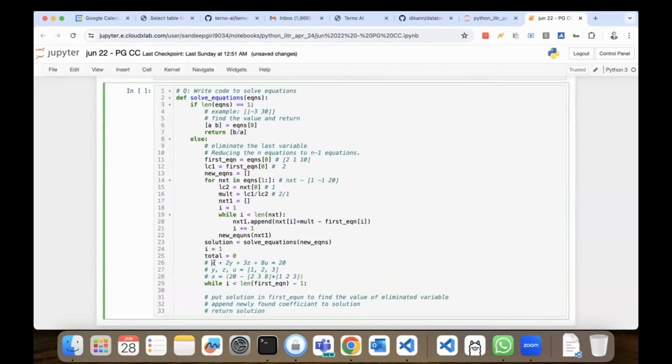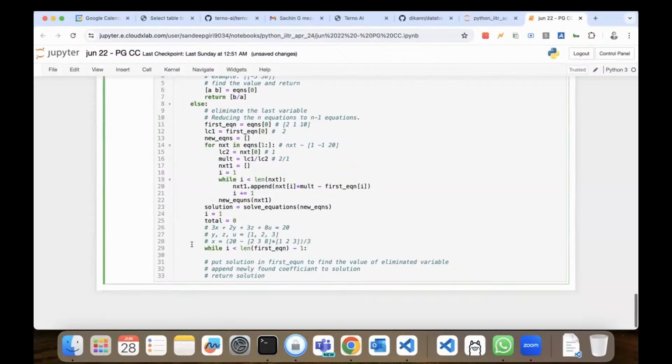Let's say the coefficient of x was, let's say 2 here. So not 2, let's say 3. So you'll divide by the coefficient 3. Correct? Is this okay? So 1 into 2, like that.